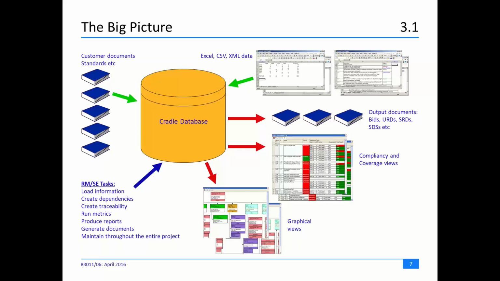So Cradle is a database with a content and structure that you define. We bring data into that database from external documents, external tools, and manually entering it. We apply a process to that collection of information. We do that to derive new information from that which already exists.